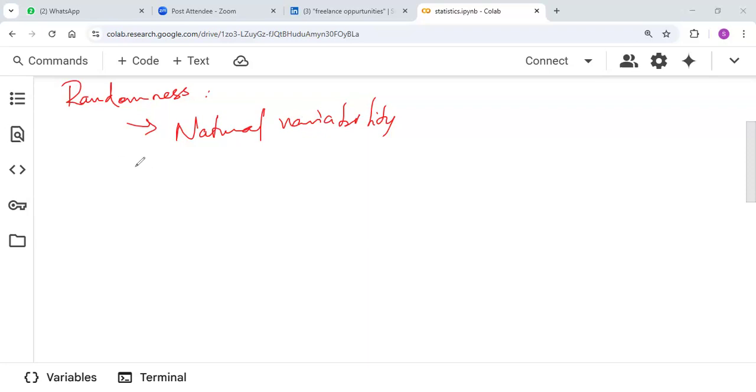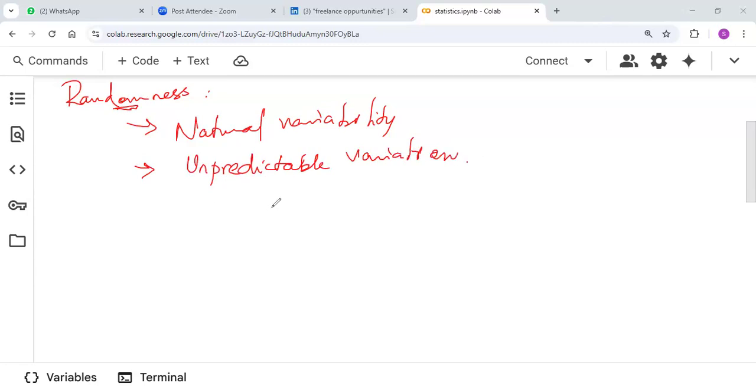It is unpredicted variation. If randomness is in the data, it is going to give you some unpredicted variation. You cannot predict this variation because it occurs naturally. Unpredictable variation.